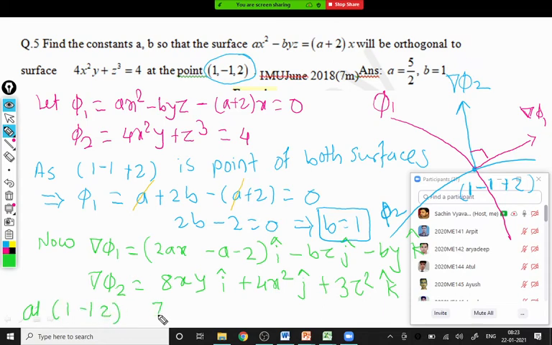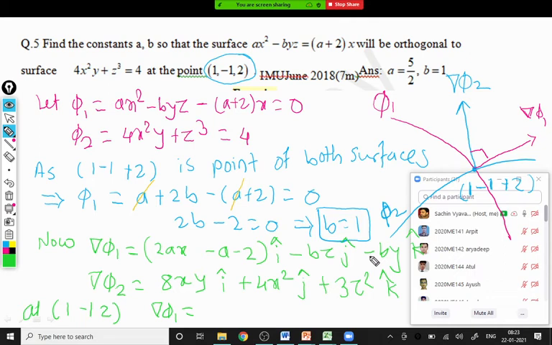Now del phi 1 equal to, if you replace x by 1, y by minus 1 and z by 2, so tell me what is del phi 1? Can we replace b also? Yes, you can replace the value of b also there. Also b equal to 1, so that you can get directly the value of a.